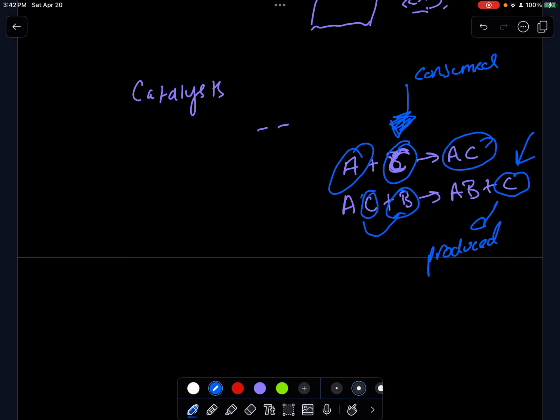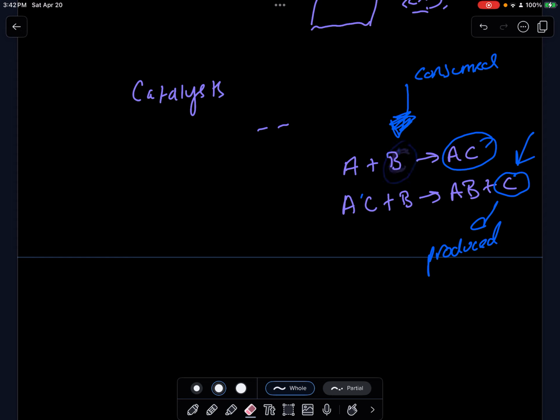AC is what we call an intermediate. Now, an intermediate is a molecule in a reaction, or a complex, that is produced and then it is consumed. So it's produced here, and then it is consumed here.